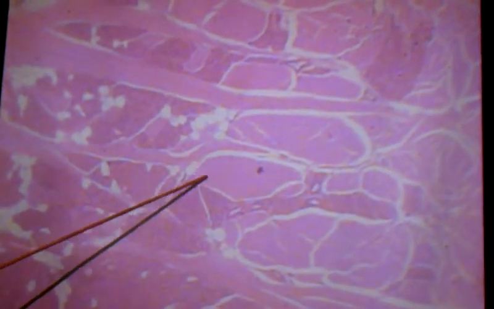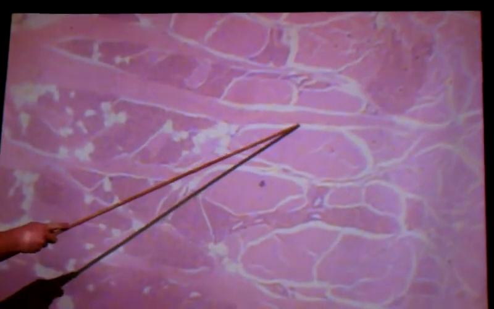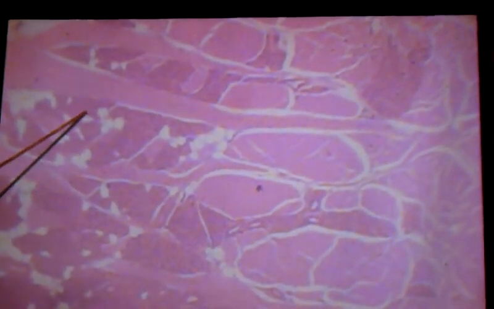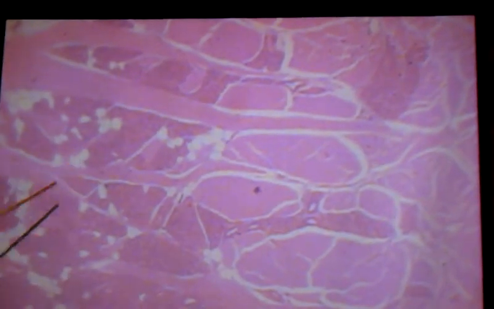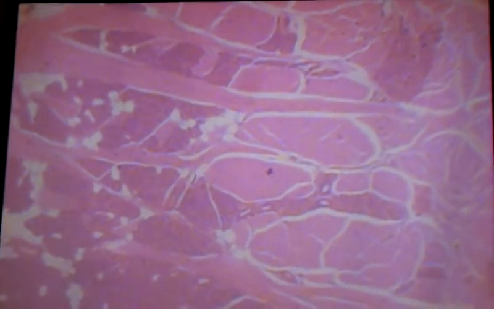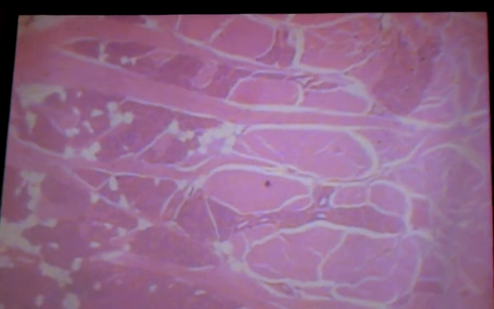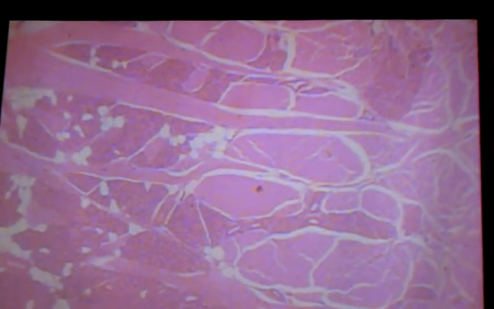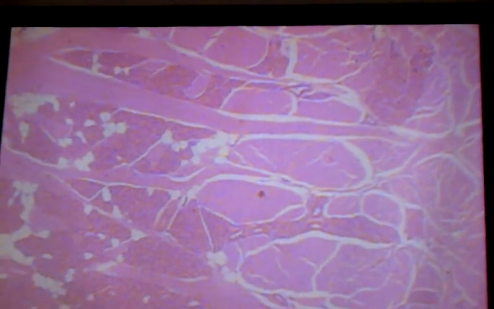This is a fascicle of muscle, as is this. This is a fascicle running lengthwise. This is glandular material with adipose tissue mixed in. So the muscle fascicles are going every which way in here. Some are cut nice and longitudinally, others are cut in cross-section, others are cut obliquely.